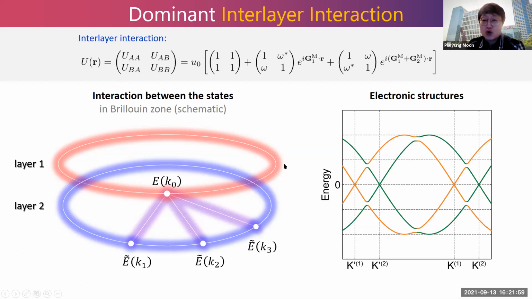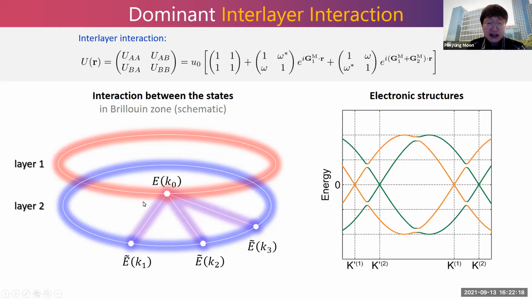As you've learned in quantum mechanics, the interaction between 2 states becomes stronger as the coupling coefficient becomes larger, and also as the energy difference between the 2 states becomes smaller.